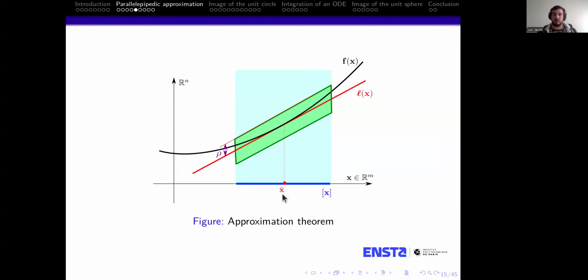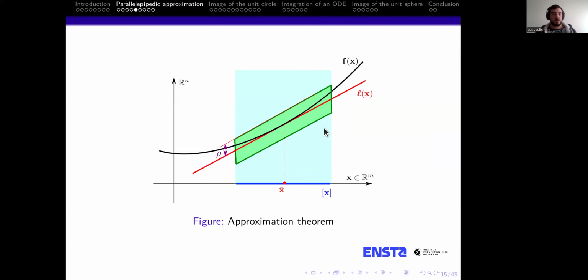If I take the center of my box x bar, I do a linear approximation here in red, and rho, the maximum error that is made, is here. So if I inflate my linear approximation with rho, I enclose the image of my box by f.